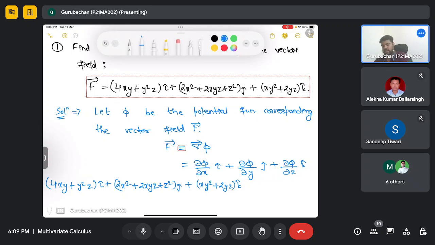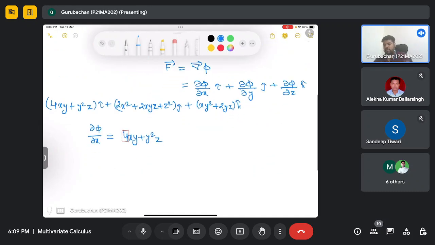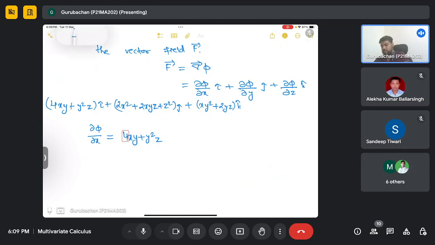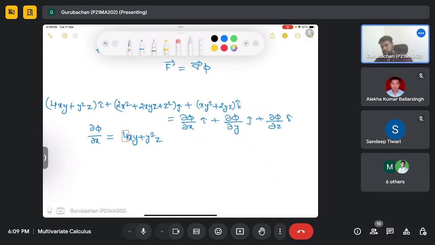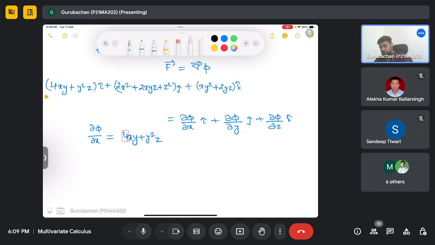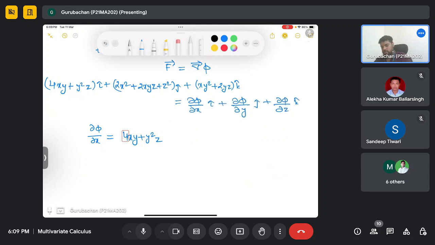We can say that del phi by del x will be equal to 4xy plus y square z, by comparing both the sides. So for simplicity, let me write it here.